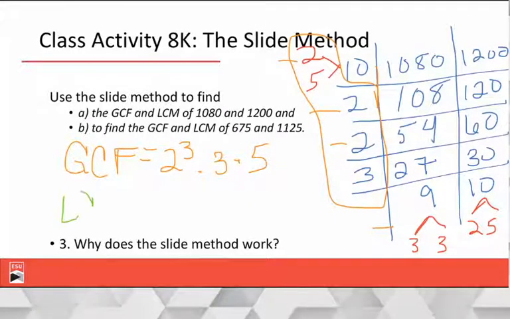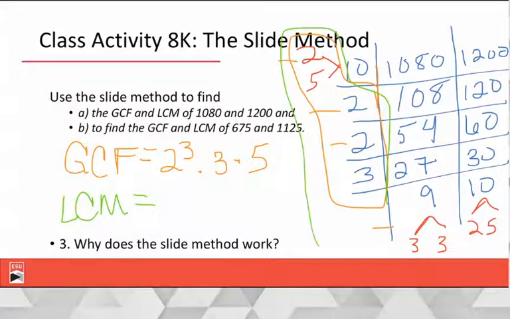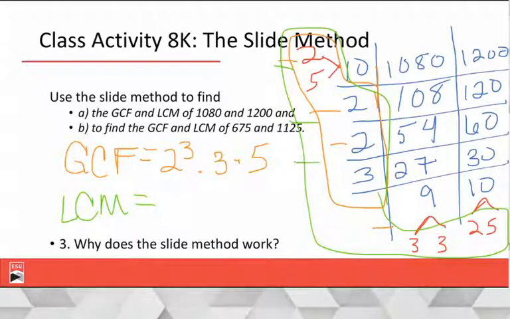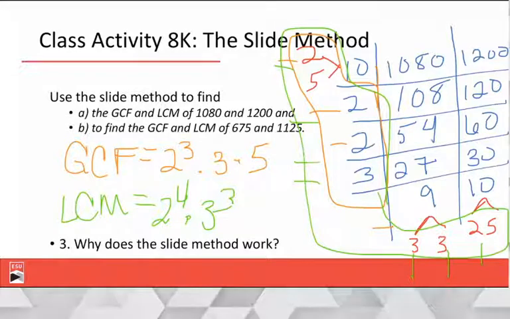LCM is all of the ones that are common and all these ones that are left over. So I have 1, 2, 3, 4 2's, 2 to the 4 times 1, 2, 3 3's, and 1, 2 5's.